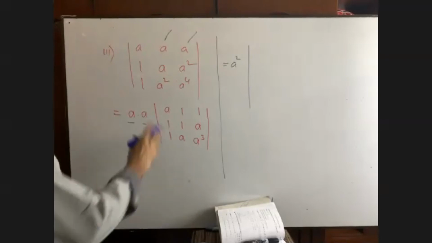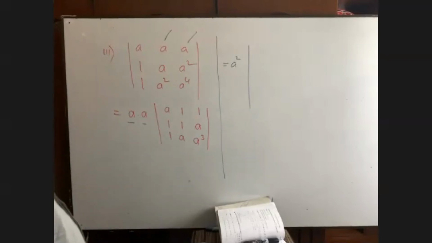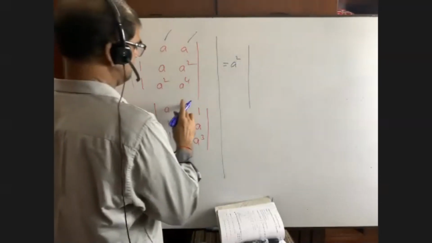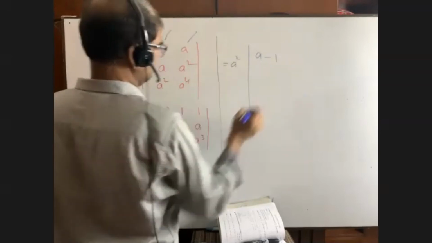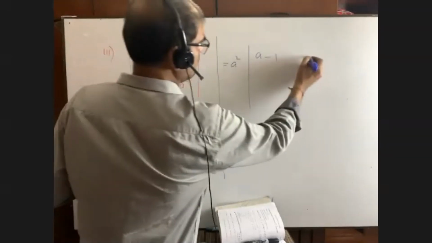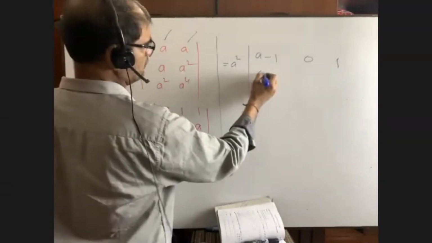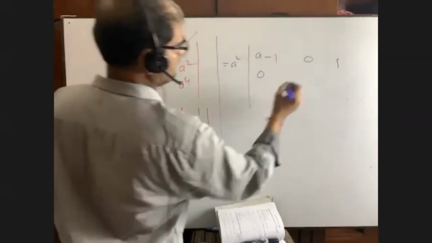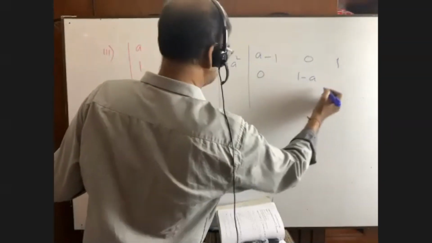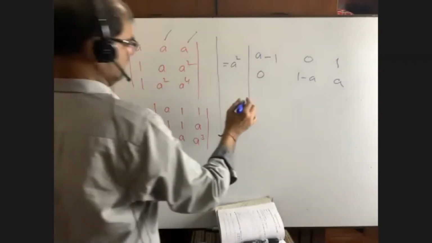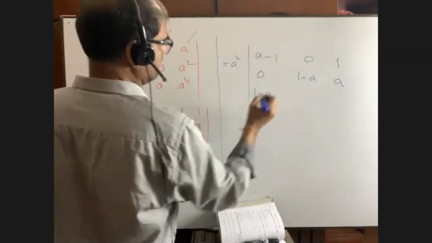So it's okay. You go for subtracting, a minus 1, 1 minus 1, 0. This is 1. 1 minus 1, 0, 1 minus a. This is a. Then it is 1 minus a, 1 minus a.